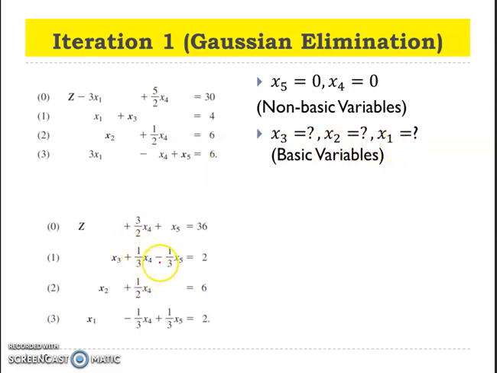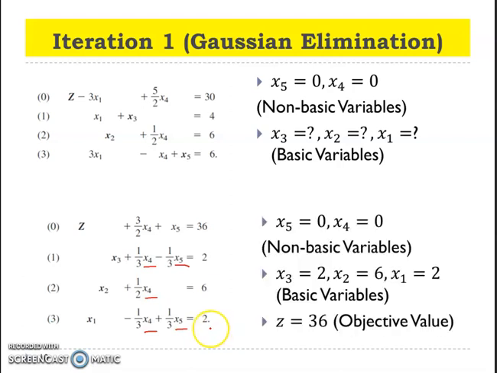We have done this Gaussian elimination, and then we can substitute x5 equal to 0 here. x5 and x4 must be 0, so we will have x3 equal to 2, x2 equal to 6, and x1 equal to 2. So this is the new basic feasible solution, and since x4 and x5 equal 0, the value of the objective function will be 36.